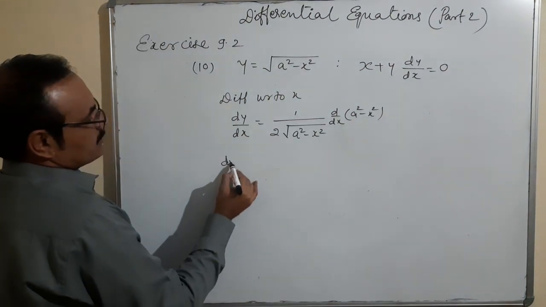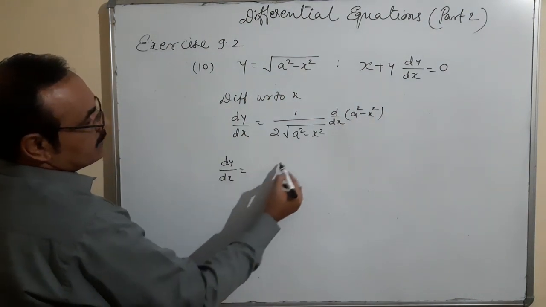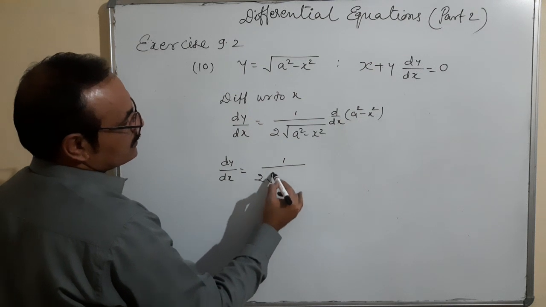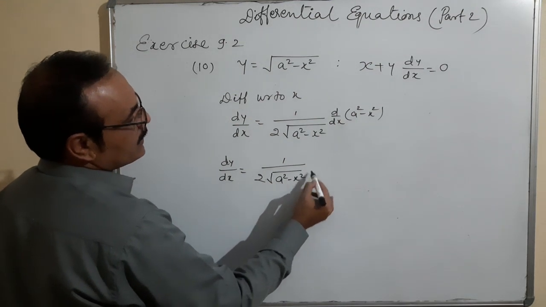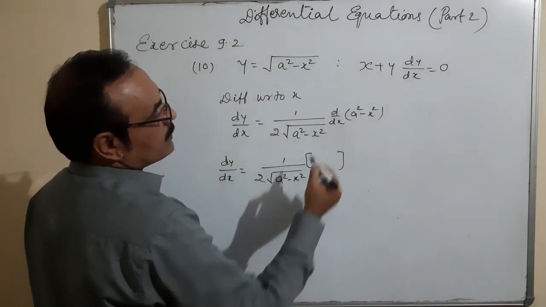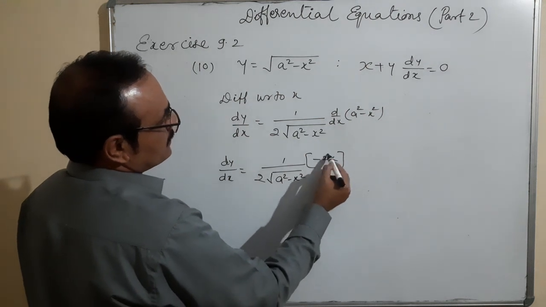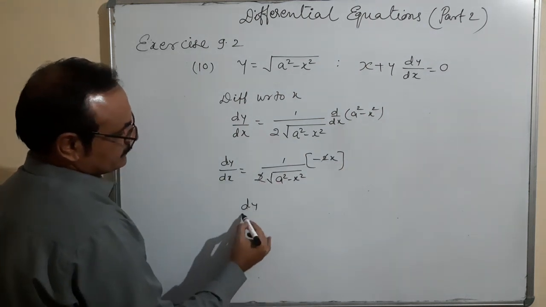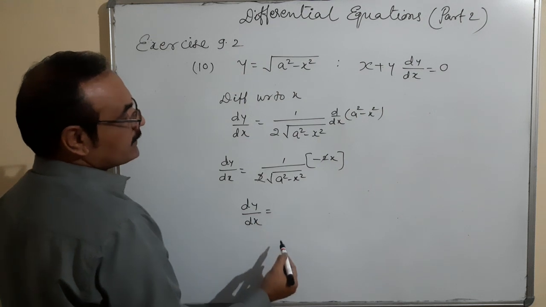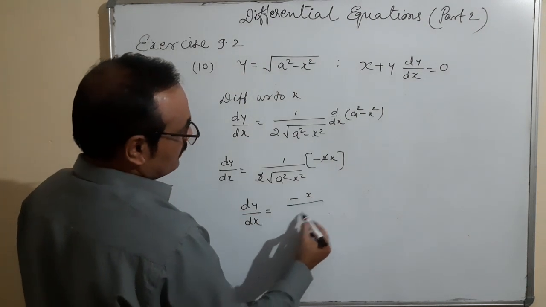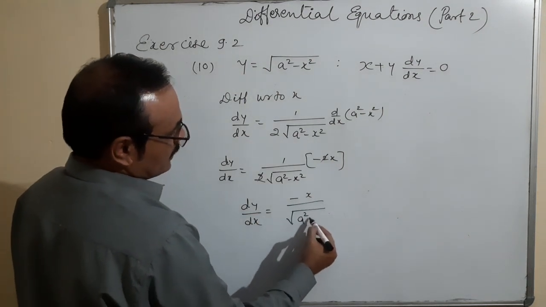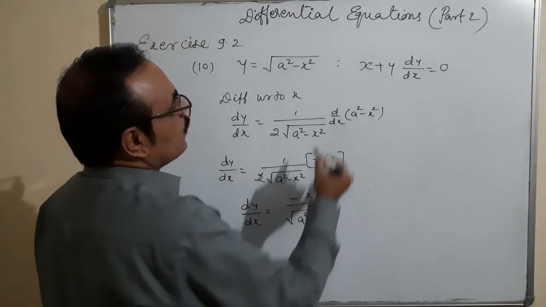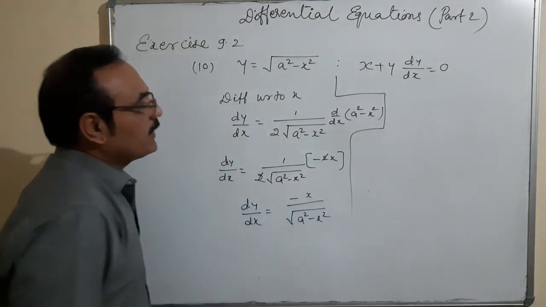So dy by dx is equal to 1 upon 2 root a square minus x square, and the differentiation of the constant a square is 0, minus 2x. The 2 cancels. Dy by dx is equal to minus x upon under root a square minus x square. This is the value of dy by dx.